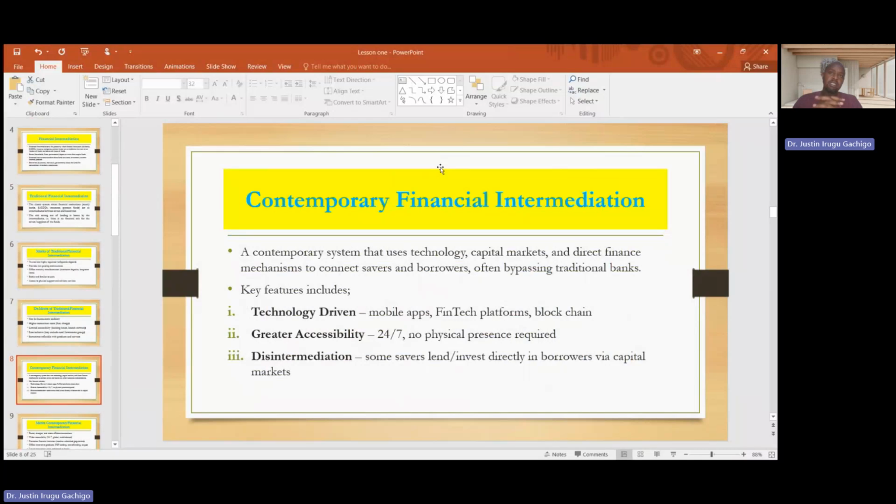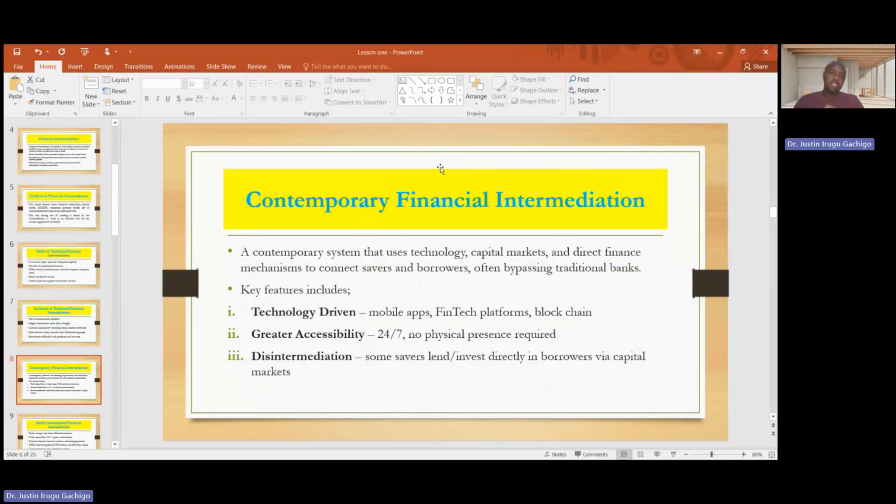Some of the features of contemporary financial intermediation include, one, technology-driven, where we have mobile apps, fintechs, and blockchain. Greater accessibility: you can access your bank 24/7. I hear they normally say "banki mkononi."